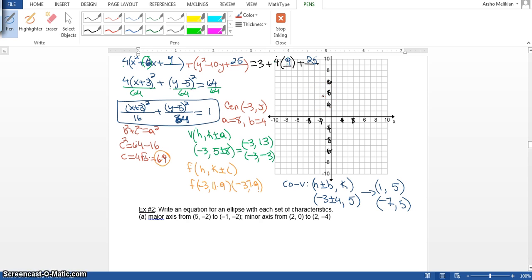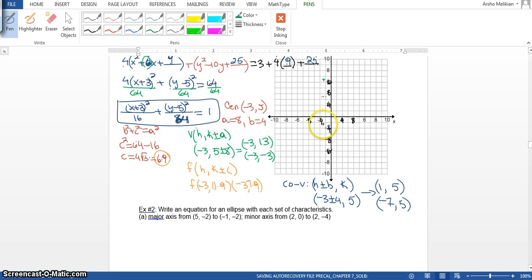It's tough. Where are the vertices? -3, comma 3. Here. And -3, comma 13. So here. -3, comma -3. Let me see.